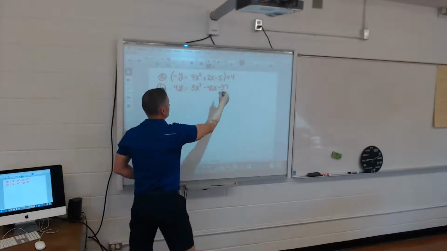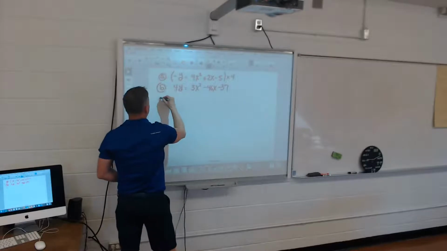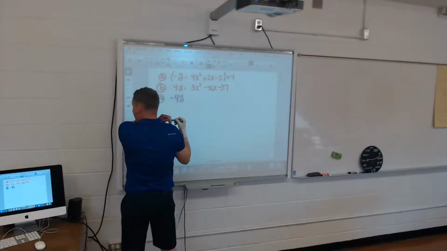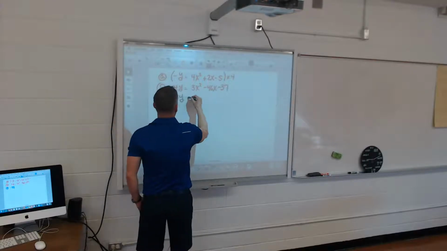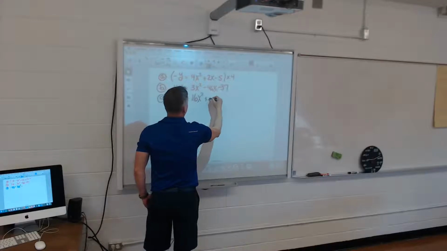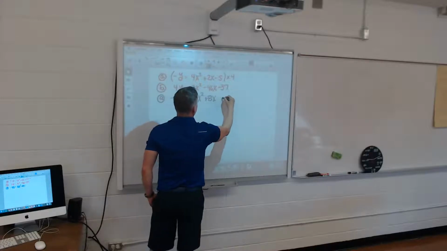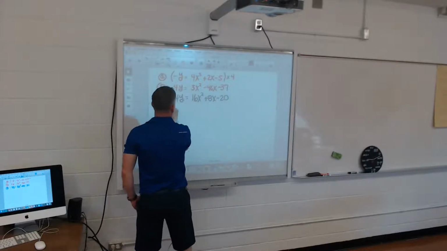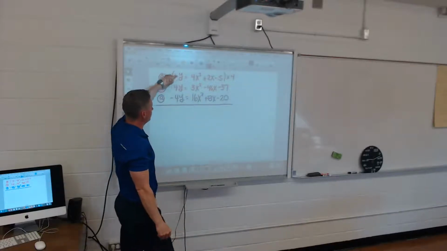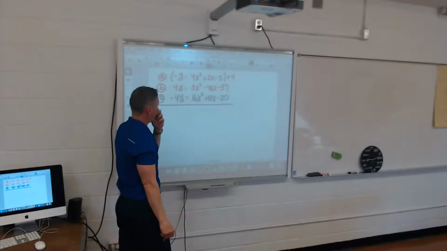Okay? And then I'm going to rewrite it. So negative 4y, 16x squared plus 8x minus 20. Okay? So I multiplied everything here by 4.